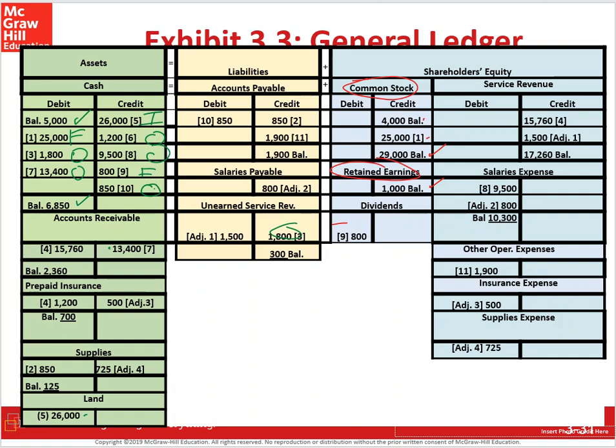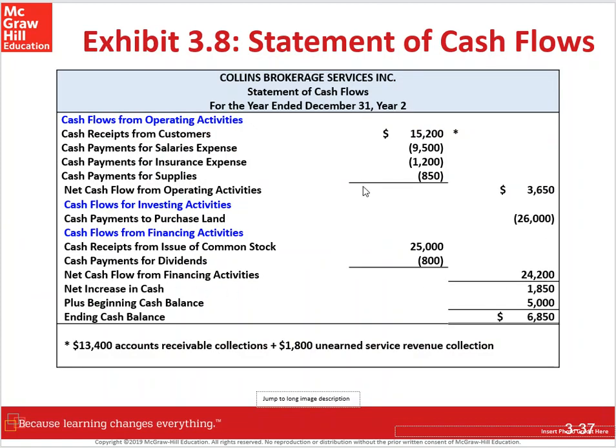We just need to organize them into the three sections on the statement of cash flows. Again, I want to remind you, start at the bottom. Beginning balance, ending balance, net change. So let's go straight to the bottom of our statement of cash flows. And we see beginning balance, ending balance, and our net change of 1,850. And then we organize everything into OA, IA, and FA.